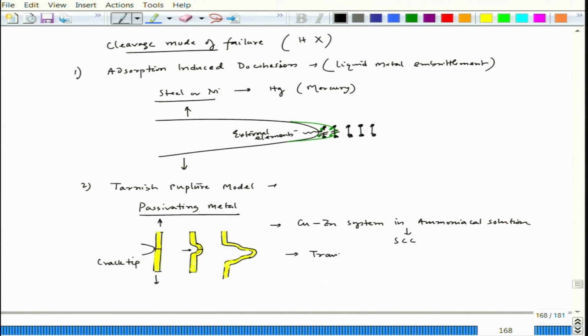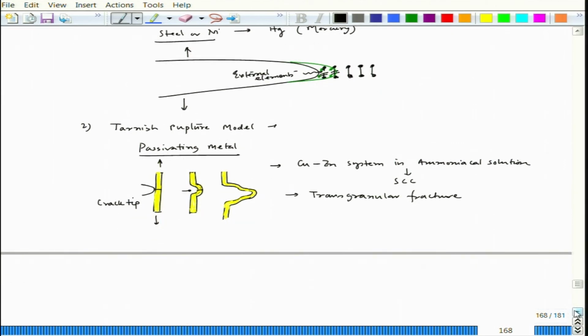It typically talks about transgranular fracture, but many times in some systems we could observe intergranular features also.